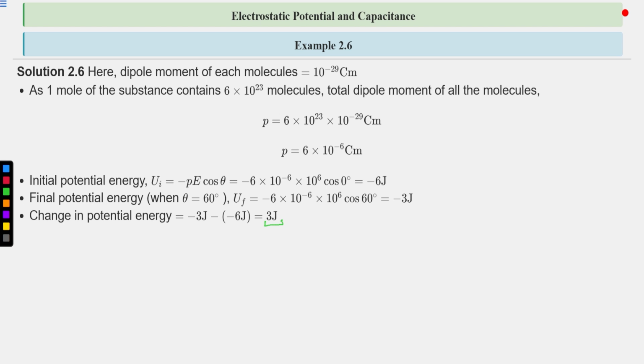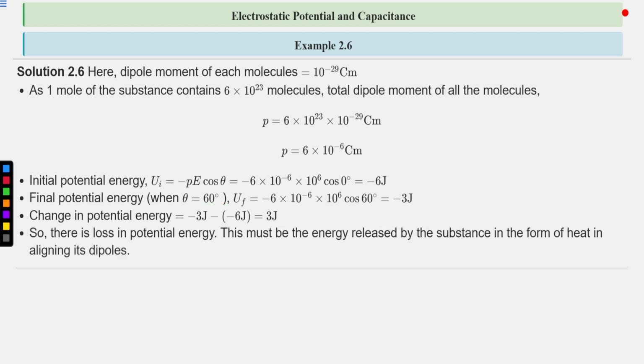Now the dipoles have to lose this 3 joule energy to again align themselves in the direction of the new electric field, which is at 60 degree angle. So they have to lose 3 joule energy to again align in the new direction of electric field and attain minimum potential energy.